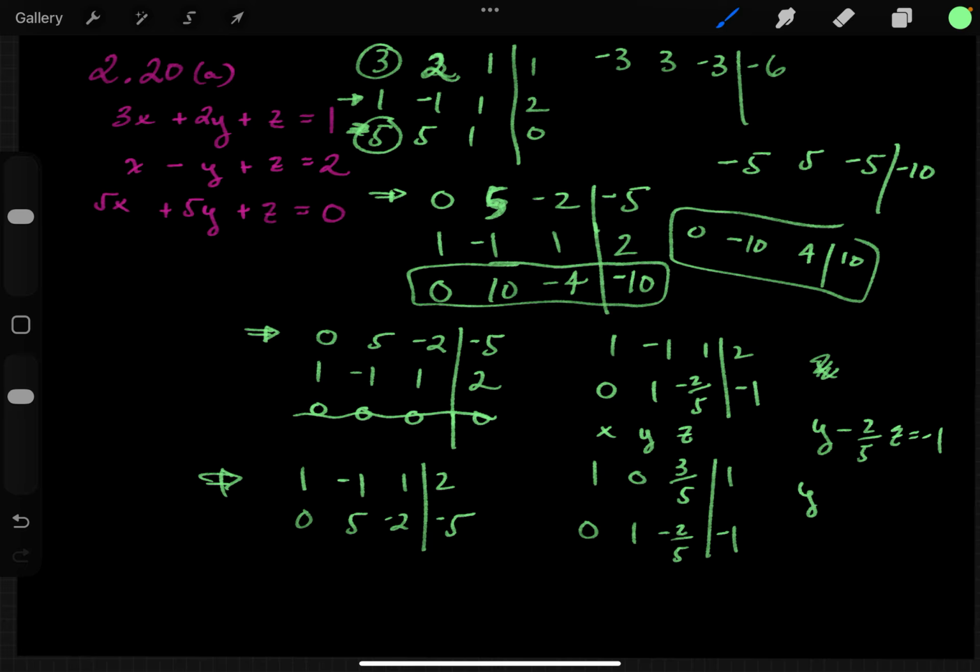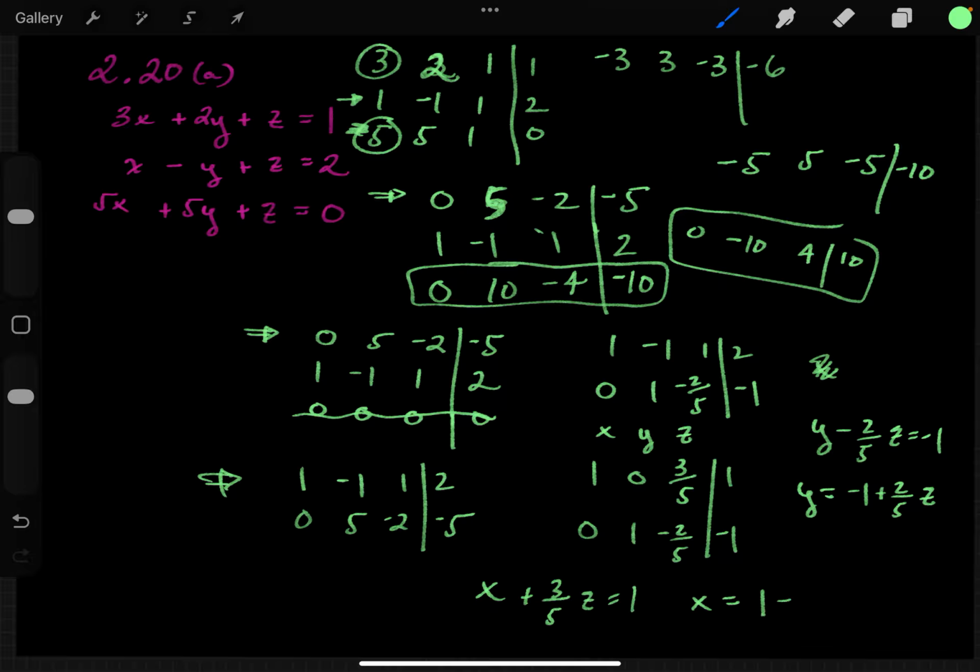So that means that y is equal to -1 plus 2/5 z. Then I can rewrite the other equation as x plus 3/5 z equals 1, and then I get x equals 1 minus 3/5 z.